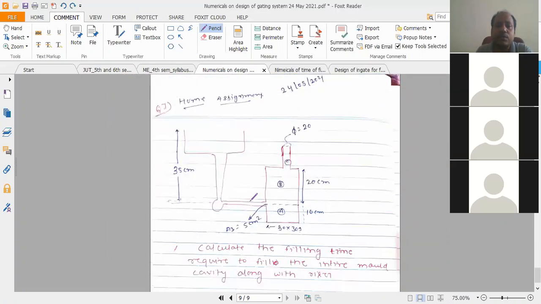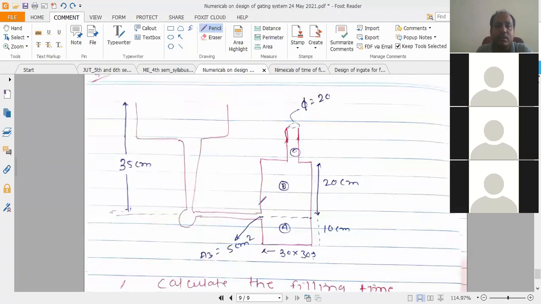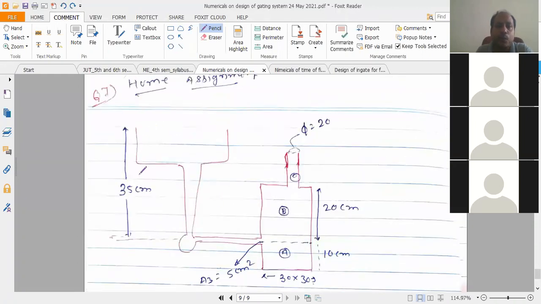The another question for your home assignment is like that. This one is the pouring basin, and this one is the screw. The total height is 35 centimeter. The molten metal goes to the mold cavity. The mold cavity is like that. This is the parting line.